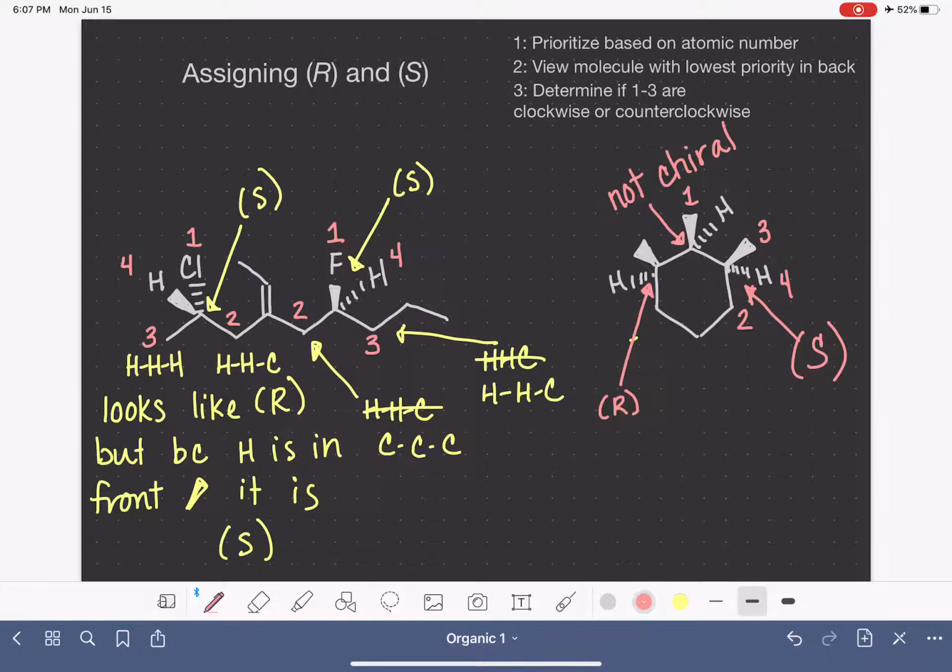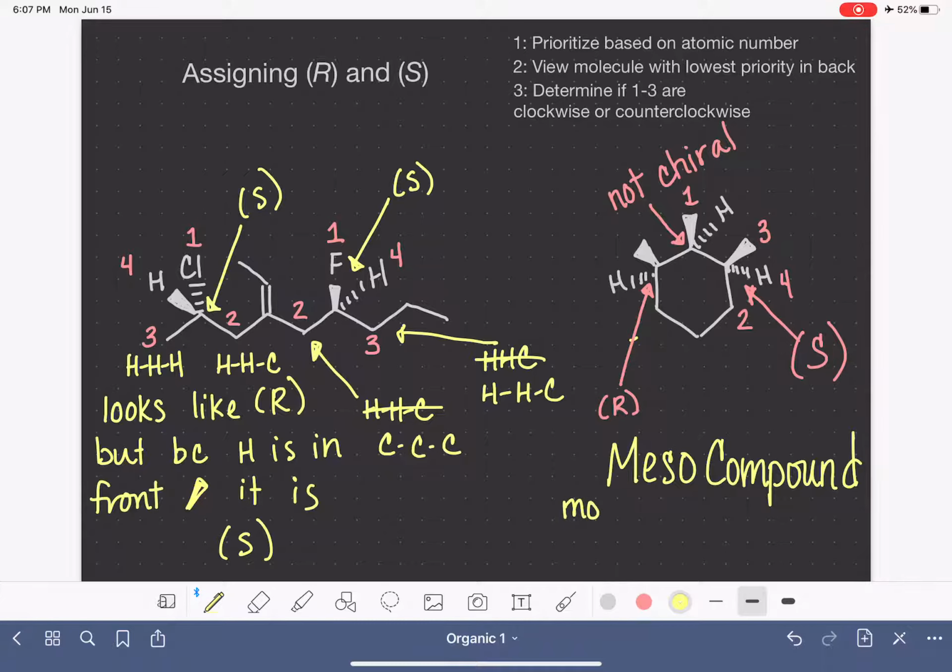This particular type of molecule is called a meso compound. This is a special type of molecule. A meso compound is a molecule that has chiral carbons but is overall achiral because it has a plane of symmetry.